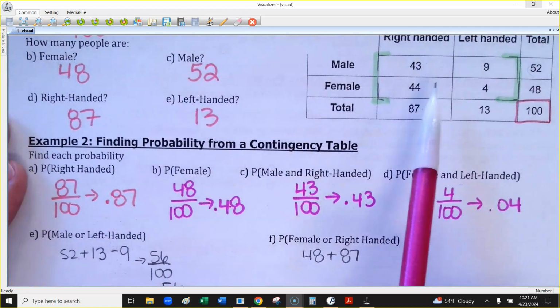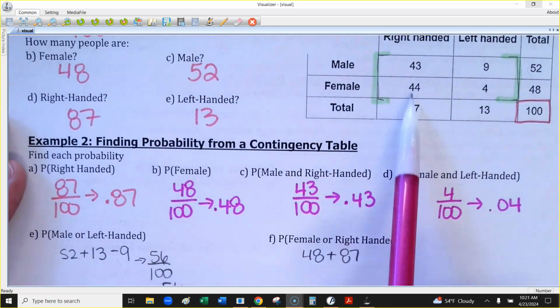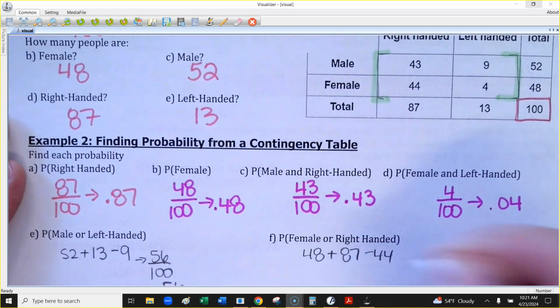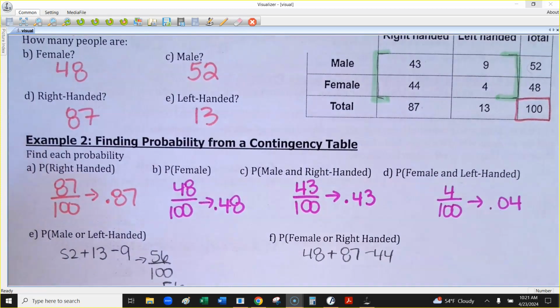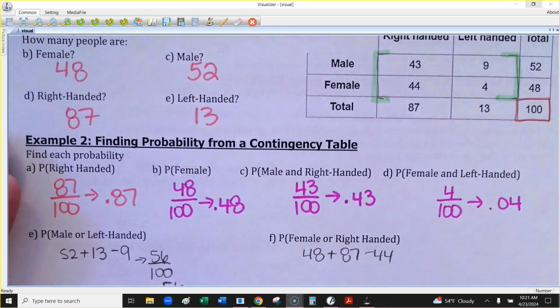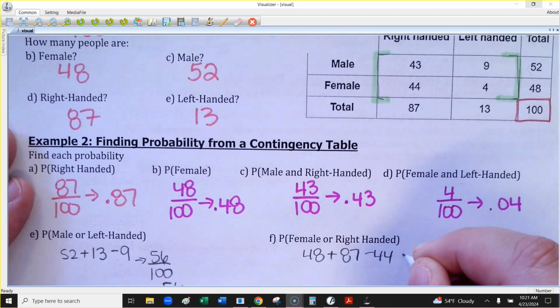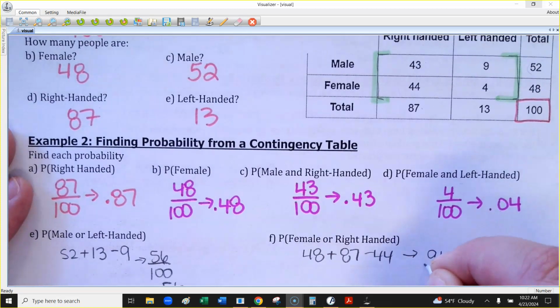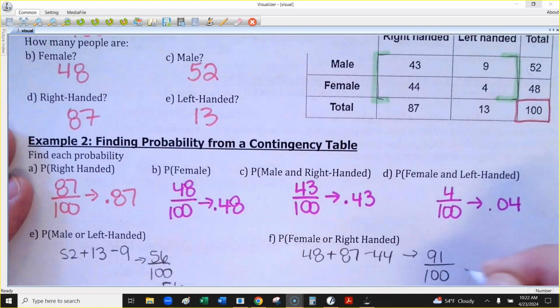So basically I have to subtract off the girls that are right-handed, which would be 44, because I counted them twice. So I'm going to do 48 plus 87 minus the overlap, because I counted those people twice. And I'm going to get 91 out of 100, so 0.91.